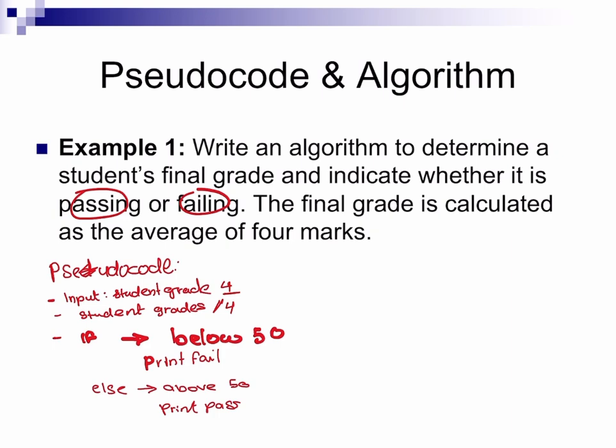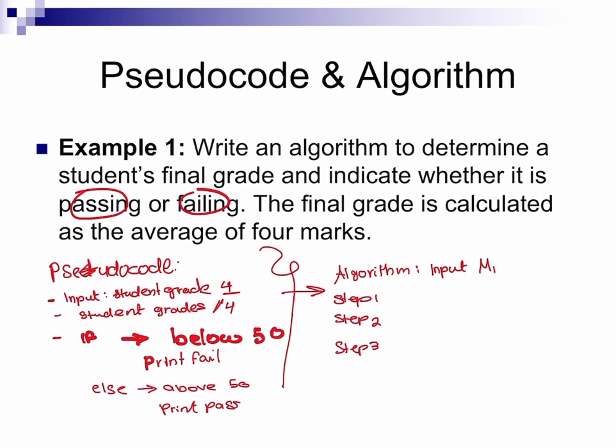So this is the pseudocode, just an informal way to organize that program. Next, you'll have to write your algorithm. So you're going to now translate it to steps. So we have here 3 steps. First, we're going to have the inputs. So let's call the grades M1, M2, M3, and M4.